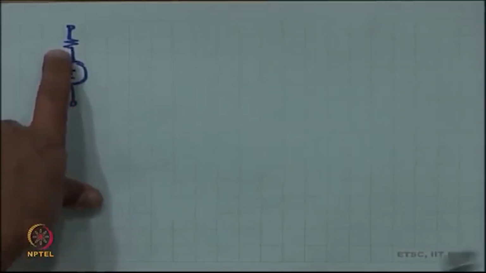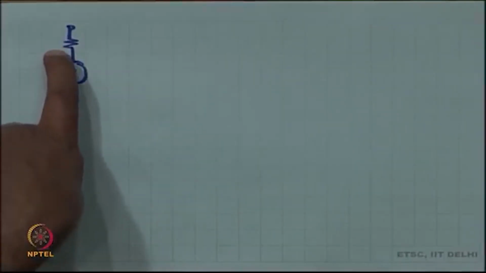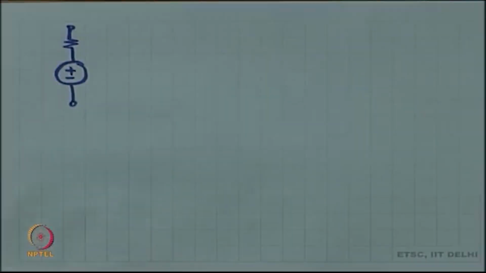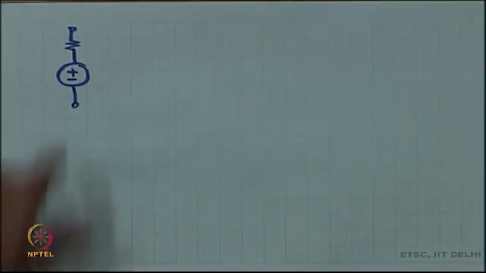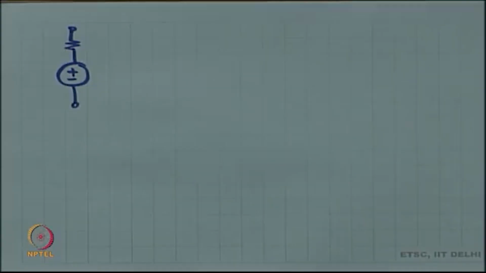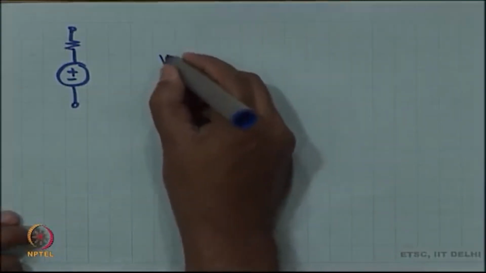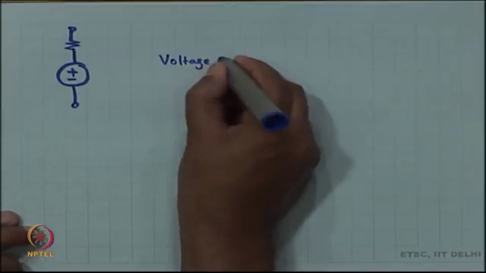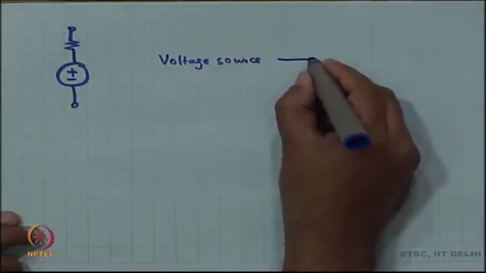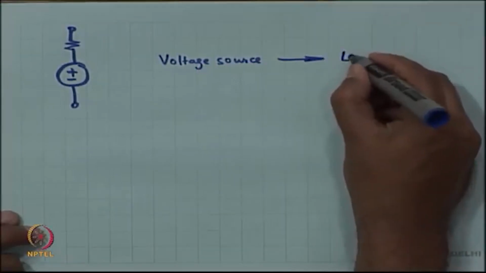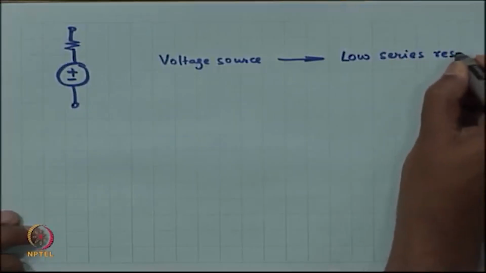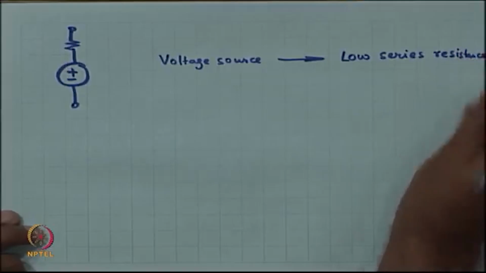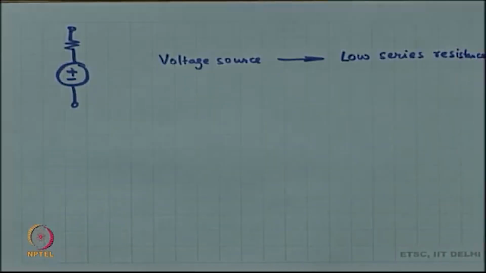Fine. How low this series resistance is gives you a quality of how good this voltage source is. So, a very good voltage source will have a very low series resistance. Fine. Is this comment understood?